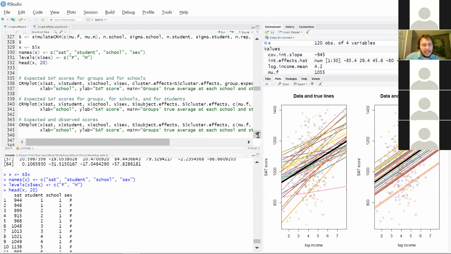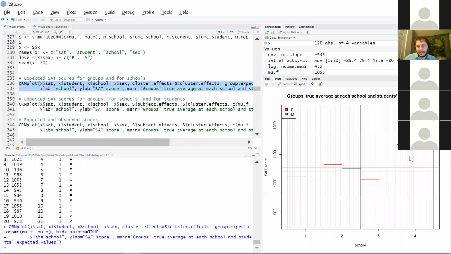All right, so what do we get here? I'm going to draw some plots to clarify what's happening. See the light blue and the light red, those are the true expectations: the true male expected SAT score and the true female overall.